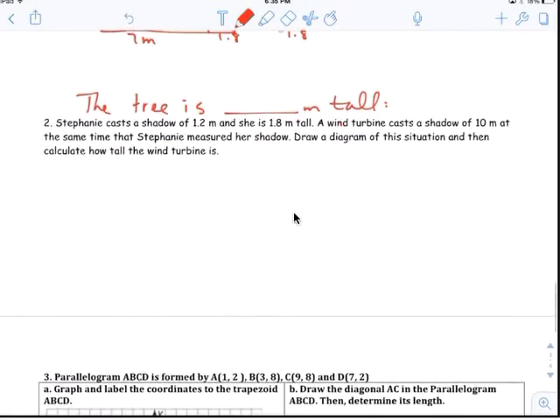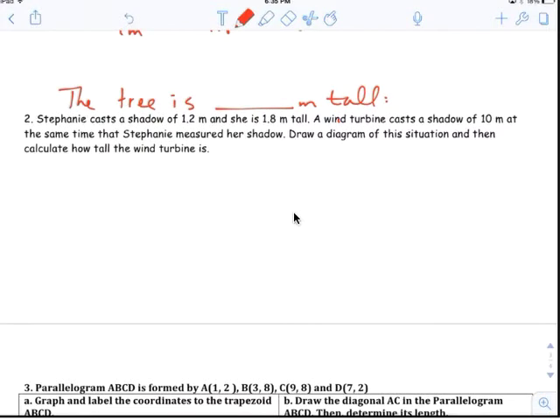You guys can finish that. This is the same thing. Stephanie casts a shadow. Here's Stephanie. Here's the shadow. She's 1.2. That's the shadow. She's 1.8 meters. That's her. A wind turbine casts a shadow, here's a wind turbine. That's 10 meters. At the same time, Stephanie measured her shadow. Oh, that's easier.